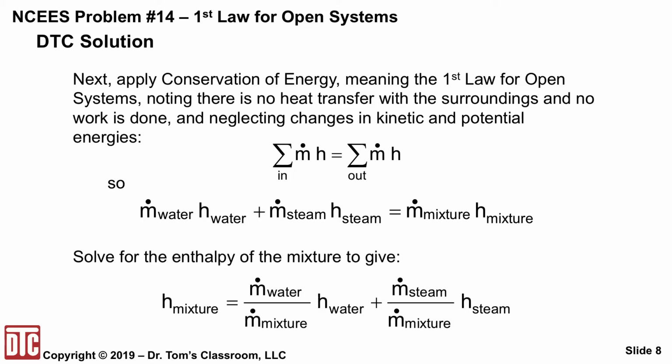Do the algebra and solve for h mixture, and you get m dot water over m dot mixture times h of water plus m dot steam divided by m dot mixture times h of steam. This is a general result you would get no matter what the m dots were, and this is what is left out of the solution.